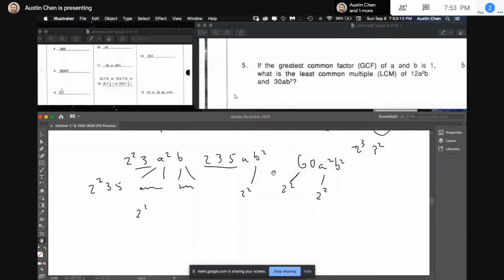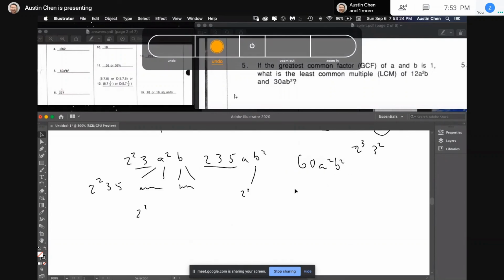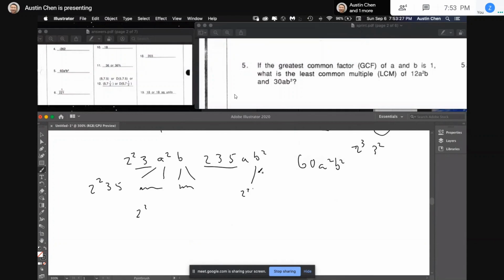Then this prime factorization would be incorrect, right? Because on this side, you'd have 2 times 2 squared, which is 2 cubed, and on this side, you would have 2 cubed. And in this, you're just supposed to have 2 cubed, right? That's your highest power of 2 in both of these.